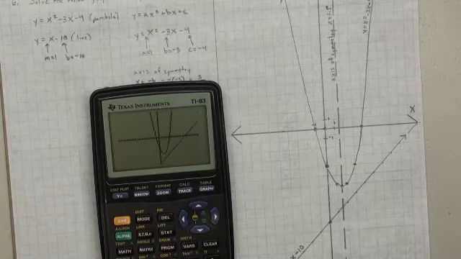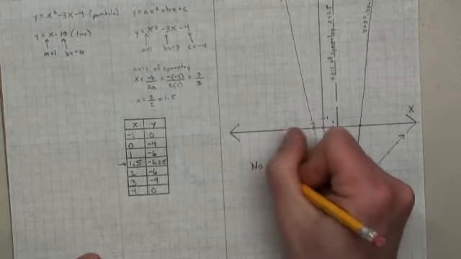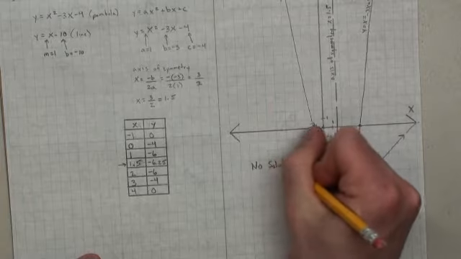Yep, and we're right. The line does not hit the parabola, so you write down no solution, and that's it. You don't have to do any check because there's nothing to check. Okay, so let's put that aside. Sharpen the pencil.